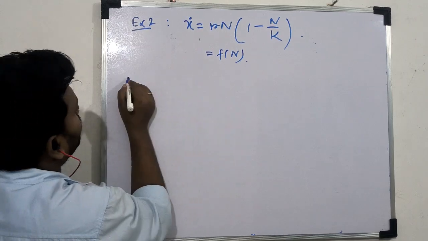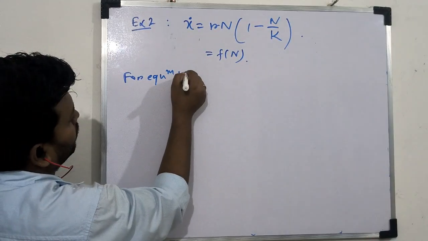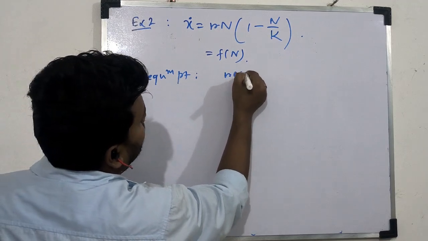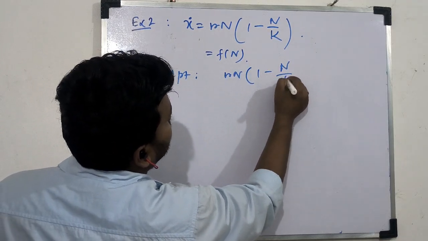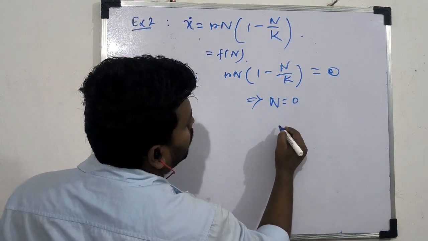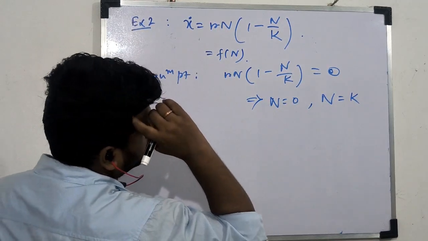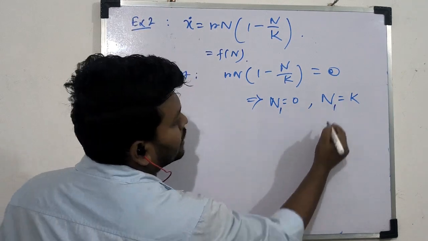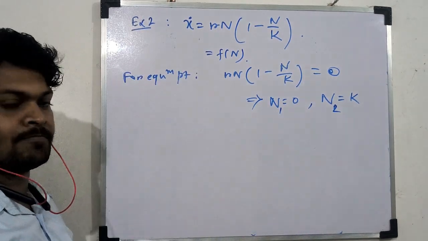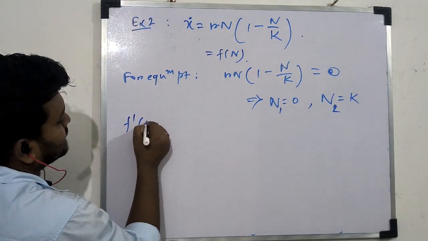So for the equilibrium point or steady state, we have to write r n into 1 minus n by k equal to 0. So this will give n equal to 0, one equilibrium point, and n equal to k. So this is n1 and n2. These are two equilibrium points. Now we find f dash n.